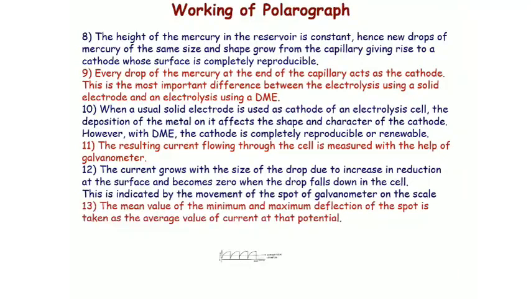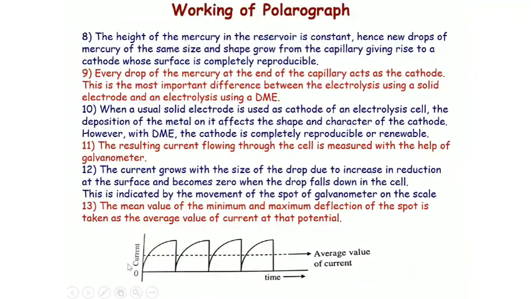It is shown in this diagram, a plot of current versus time. When the drop grows, the current value increases. When the drop falls to the bottom, the current suddenly becomes zero, and that process is continuous. So during the measurement, the average value of current is taken. This is the working of the polarograph.